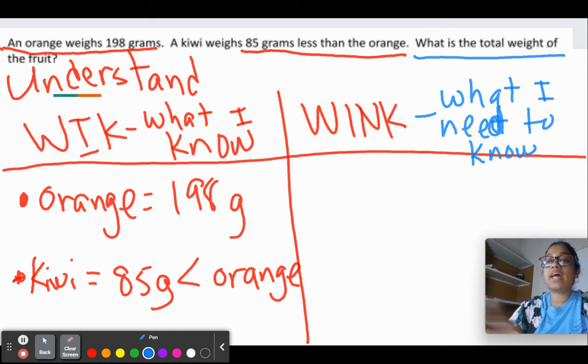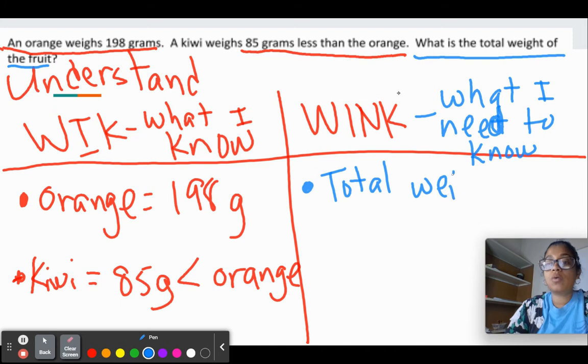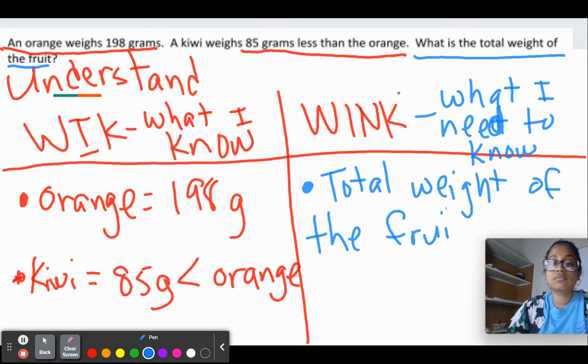So that is what is the total weight of the fruit? That is our WINK. That is what I need to know. So what I need to know is the total weight of the fruit.